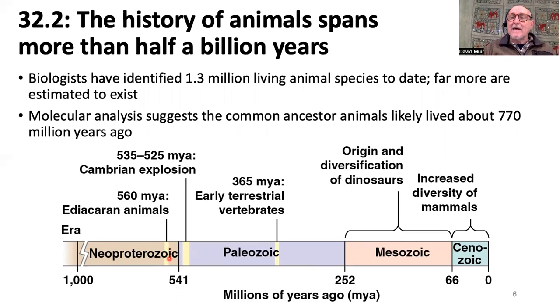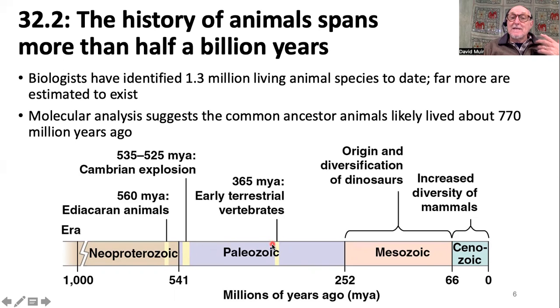At this point here, the animal fauna appears to be dominated by soft-bodied forms. So we have a very poor record because those don't fossilize very easily. The fossils are extremely rare. But here, about 535 million years ago, there is a sudden explosion of hard-bodied forms and of many, many diverse animal types. And this we refer to as the Cambrian Explosion.